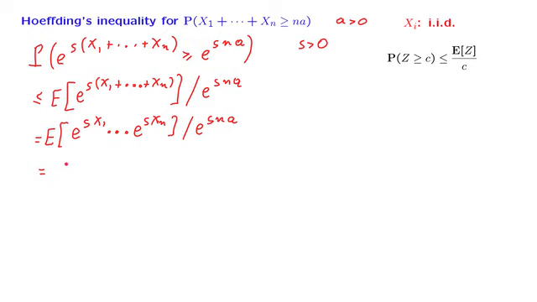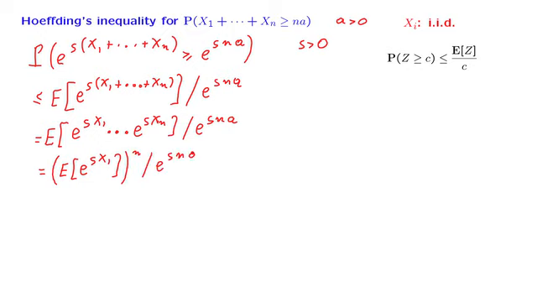So we're going to multiply the expected value of e to the sx1 with the expected value of e to the sx2 and so on, but because all the xi's are identically distributed, the terms that we get are all the same. So we get this term to the nth power divided again by e to the sna.